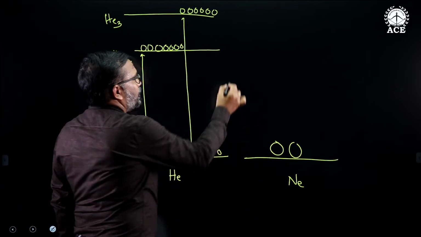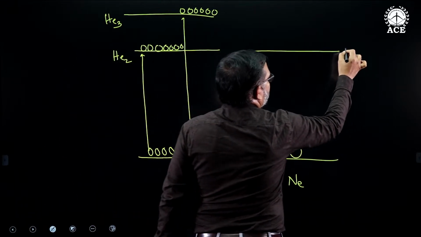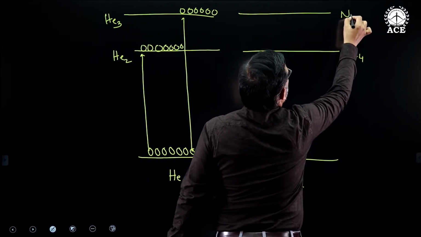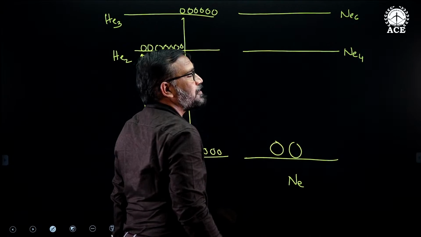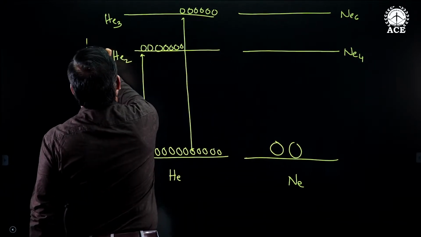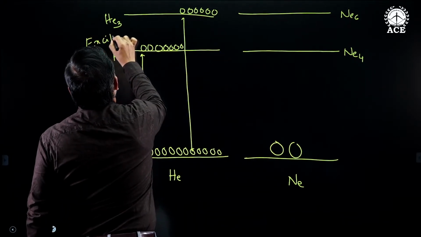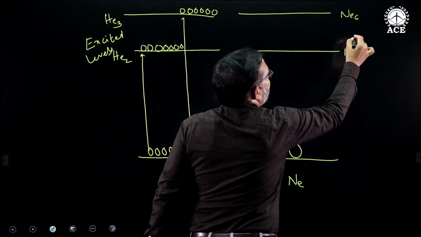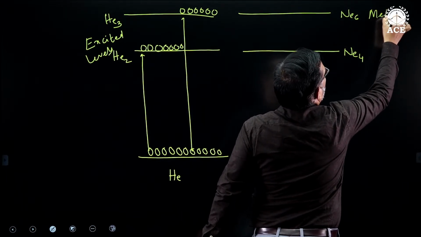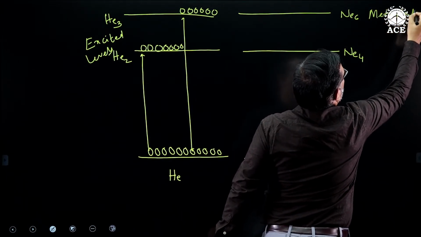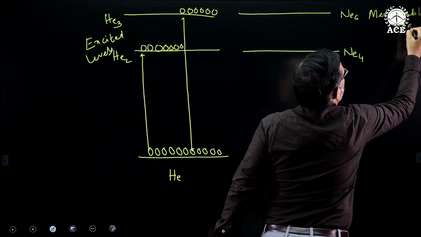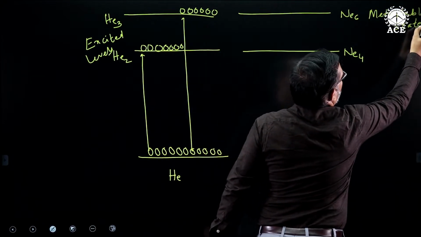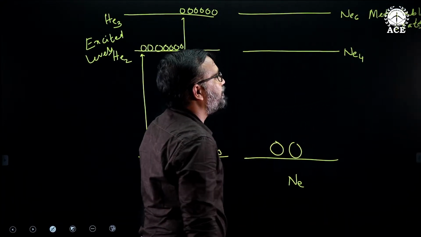Similarly, the neon will have excited levels. These are metastable states, neon 4 and neon 6. These are the excited levels of neon. And these are the excited levels of helium. These are the metastable states of neon.